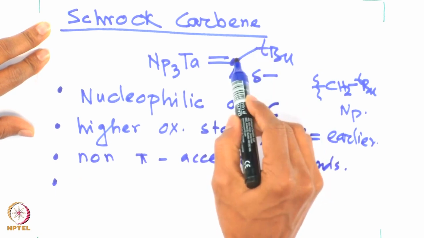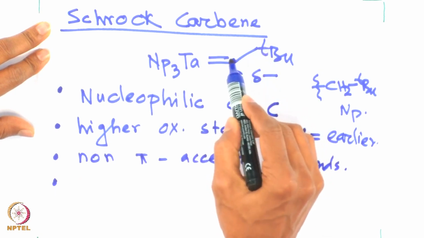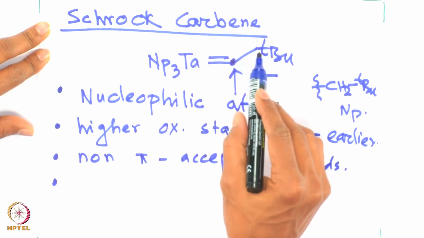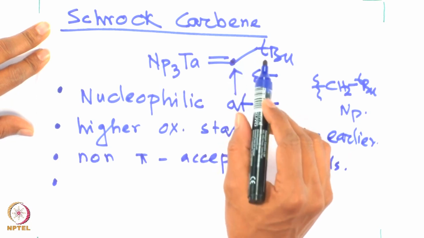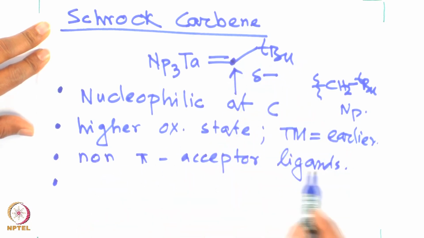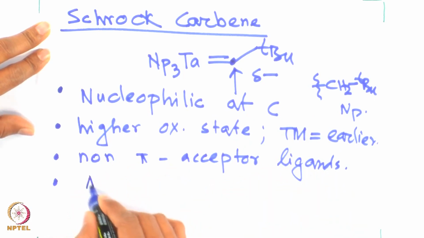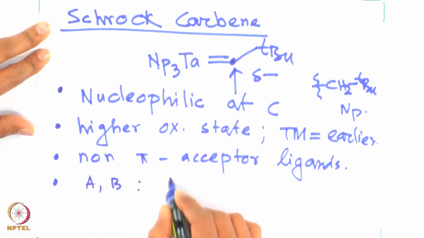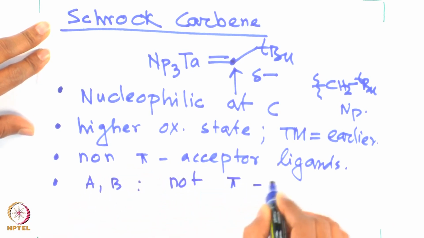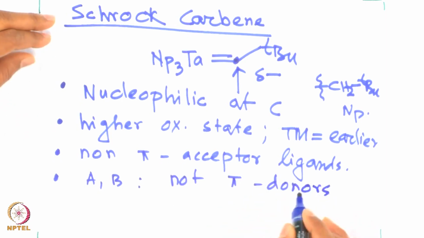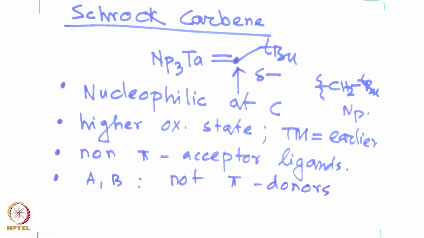The two atoms attached to the carbene carbon center are also not pi donors. So, a non-pi acceptor, non-pi donor type of complex will give you the Schrock carbene. The A and B are not pi donors. Usually these are X2 type of ligands.